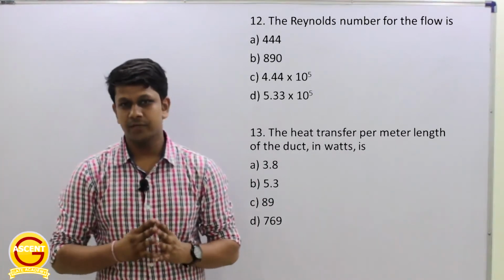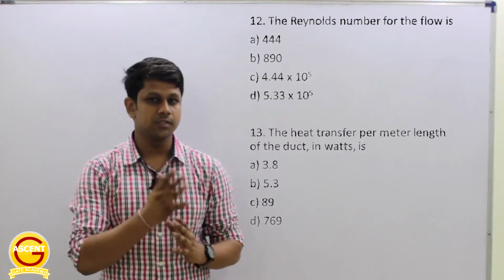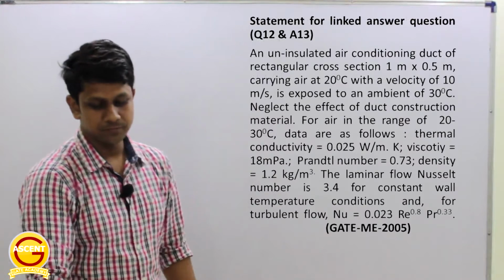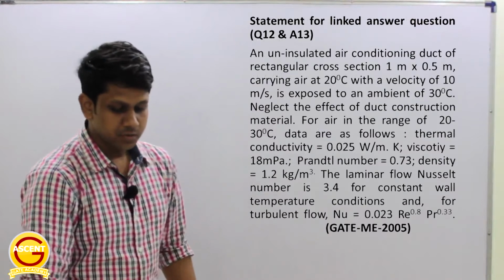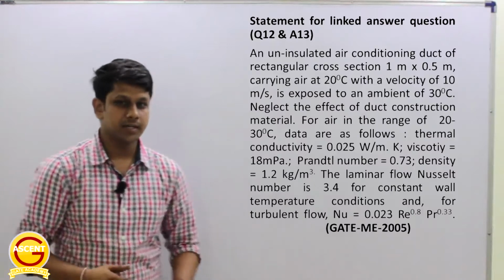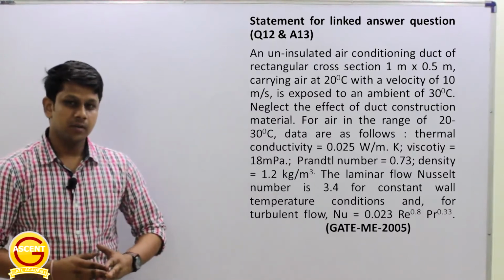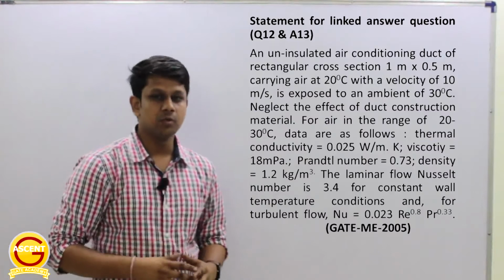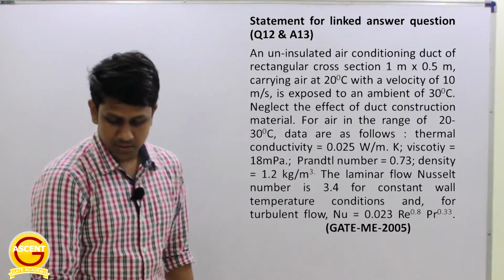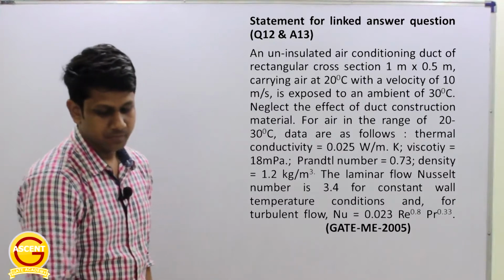So first of all we have to identify whether it is turbulent or laminar flow. How can we identify it? By calculating the Reynolds number, and for calculating the Reynolds number you also get 2 marks, as it is a 4 mark question. So first of all we will calculate this Reynolds number.